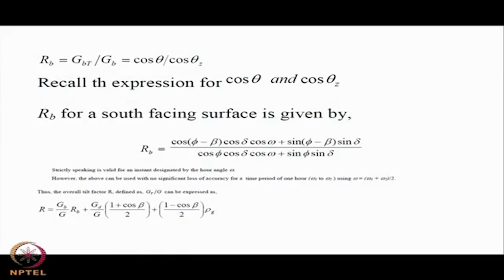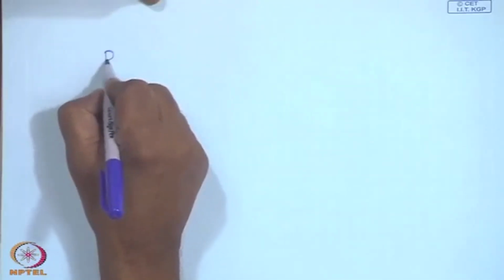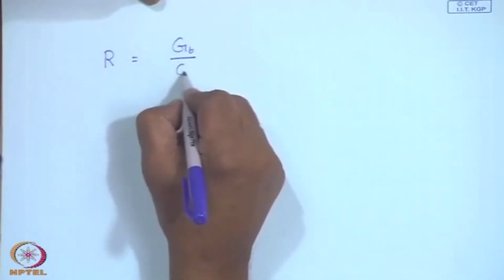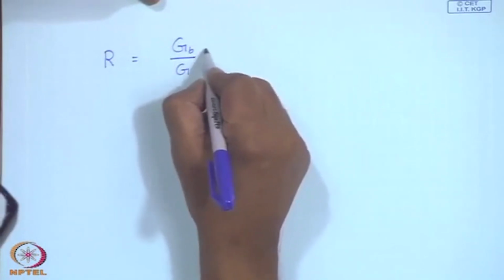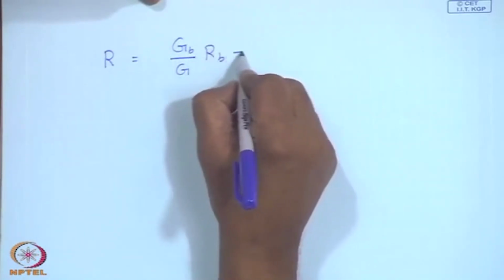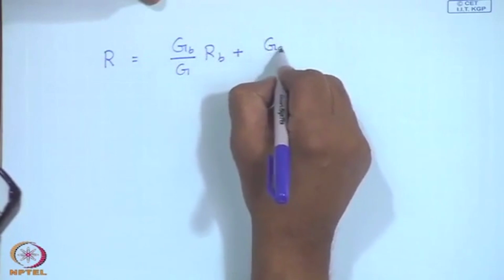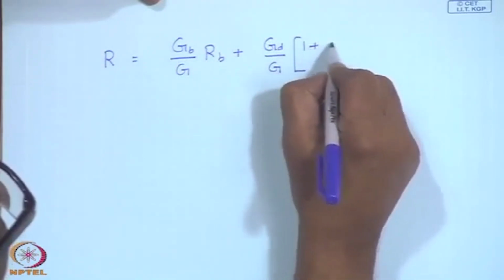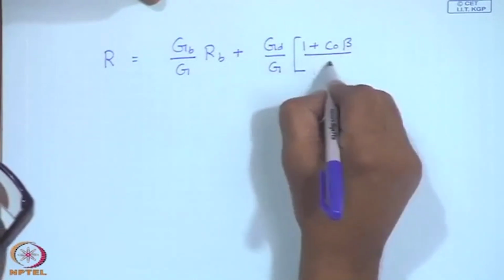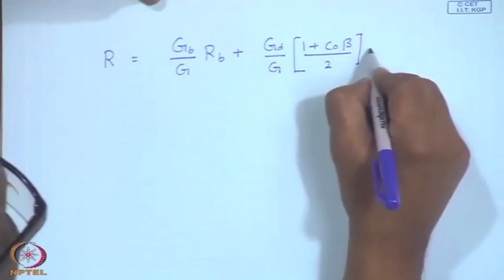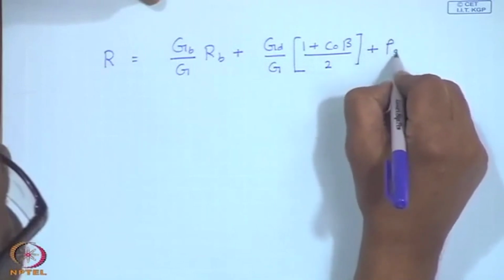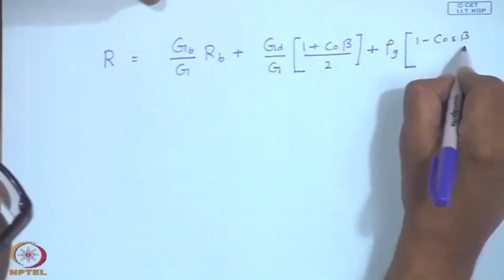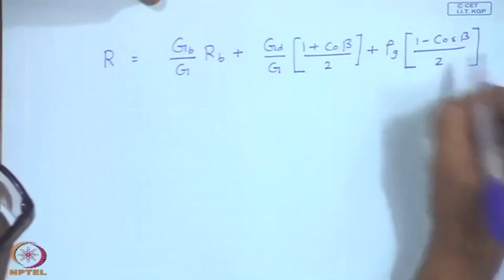So, now I can define a overall R factor as the same thing I have written.